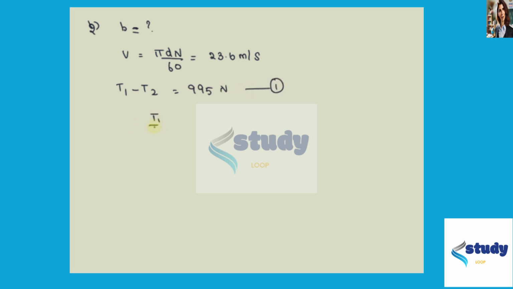by solving for friction coefficient and angle of contact we get T1 by T2 is equal to 2.375. So let it be equation 2.